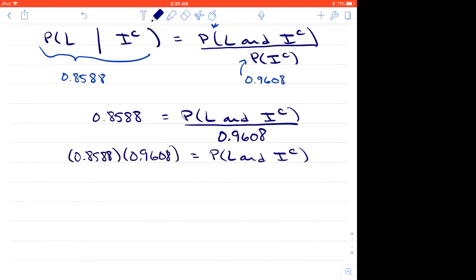0.8588 times 0.9608. We get 0.8251354 is the probability of living and not being inoculated. I'd say they're pretty good odds.